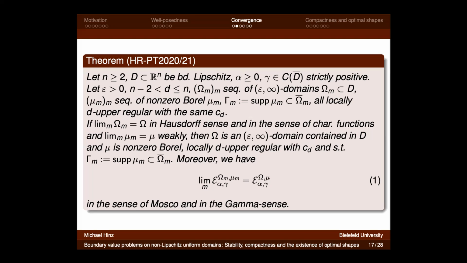Sorry, this should be gamma, this should be sub mu, and this should be omega bar. So please mentally erase the m's here. So everything is as before, also for the target. And moreover, we have the convergence of these energy forms in the Mosco sense. So this is what it does here.